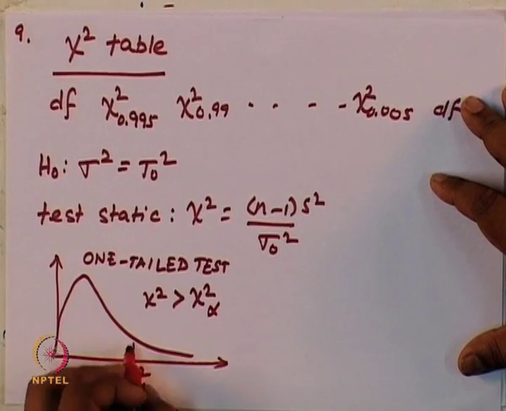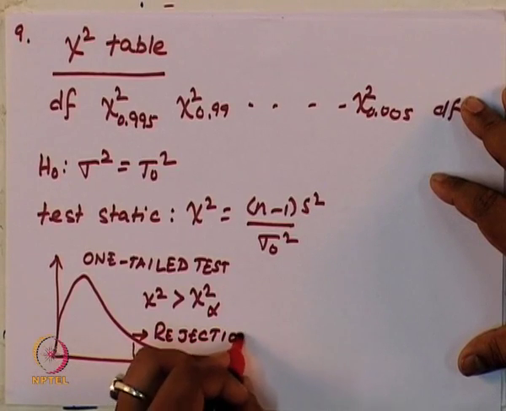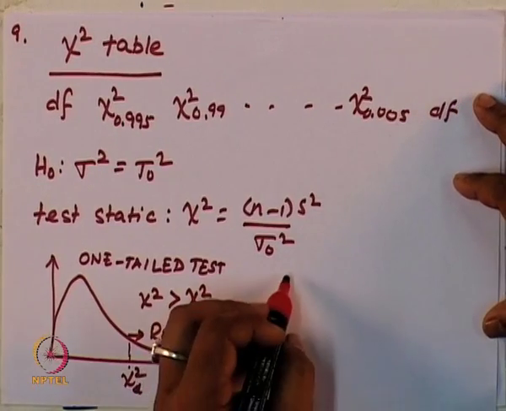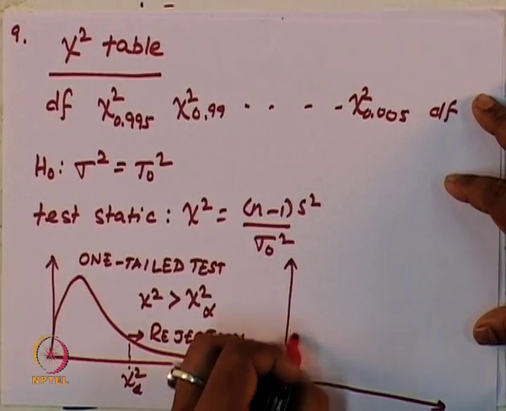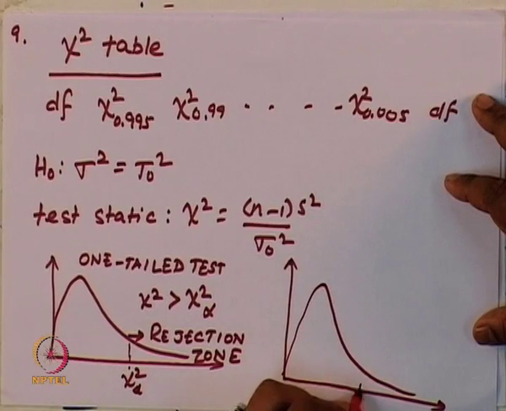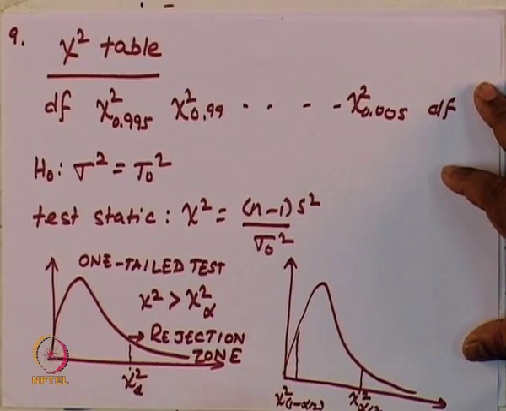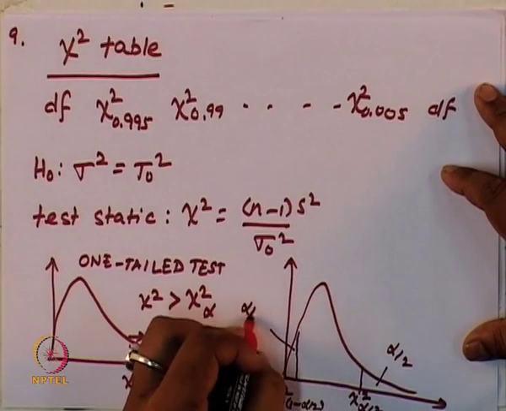Okay. So, this is your rejection zone or rejection criteria. For a two-tailed test, this area is alpha by 2, and this area is alpha by 2 also.